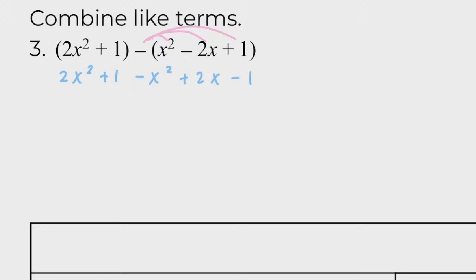So that means we want to start with the highest power. So in this problem, the highest power or the degree is going to be 2. And we have 2x squared minus x squared, which is x squared. And then we have 2x. And we have the constants 1 minus 1, which is going to be 0. So we don't have to write anything for that.